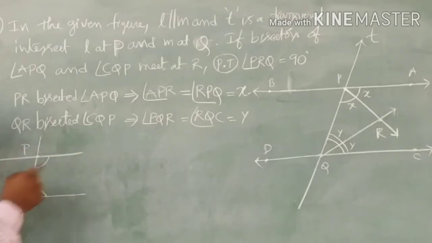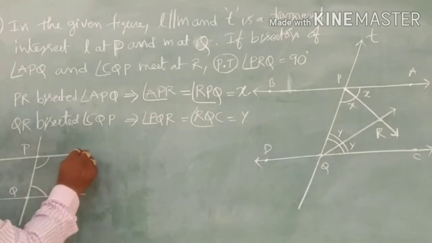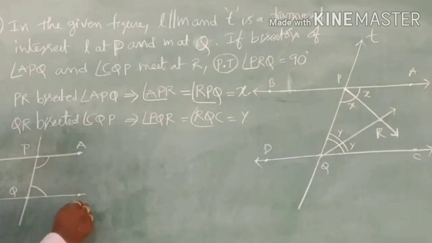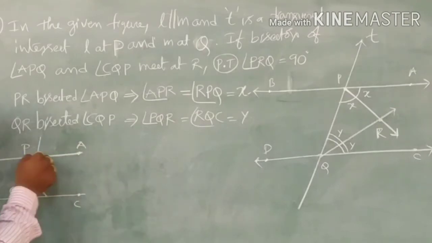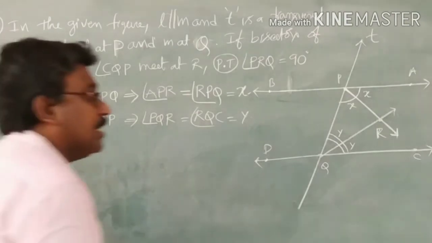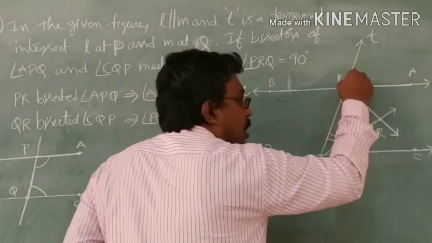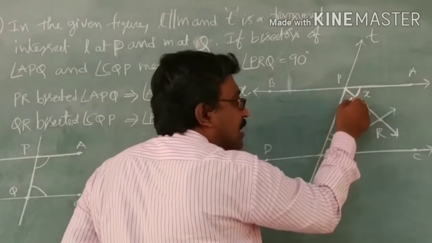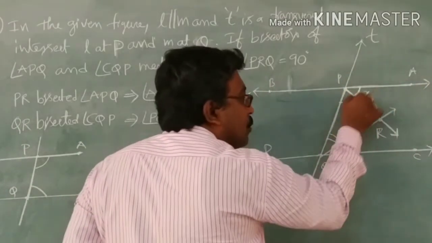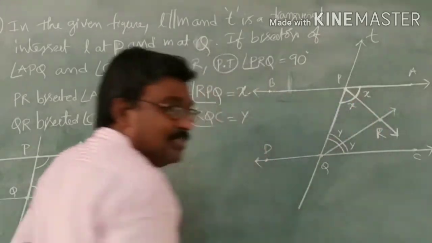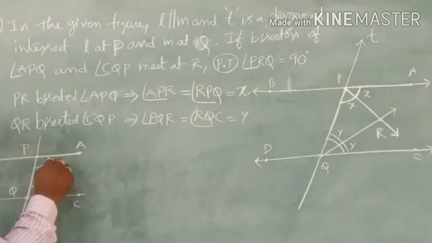Now the labeling is important. I am writing here Q, and it is A and it is C. Angle APQ is bisected, each part is X and X, then together it is X plus X, that is 2X.